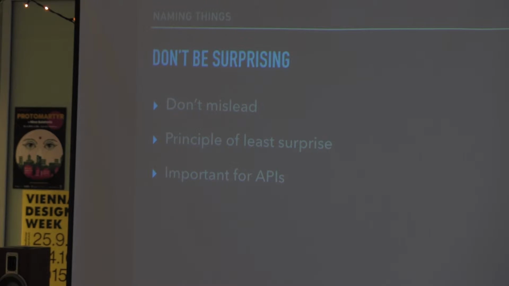It's also important to not be surprising when naming your concept. So you shouldn't be misleading, and you should always follow the principle of least surprise. So a method should do what it says on the tin and not something entirely different. So this is very important for public APIs.